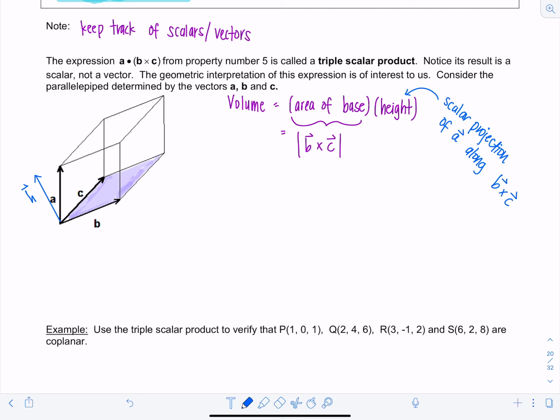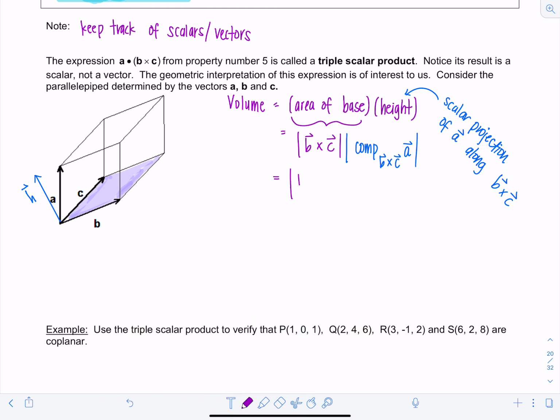Okay, so if I want the scalar projection of A along B cross C, then I'm going to take the scalar component of A along B cross C. Okay, now why do I need absolute value? Well, just in case that angle ends up being greater than 90, then I want to make sure that the height is not going to be negative. Okay, and so here let's expand.